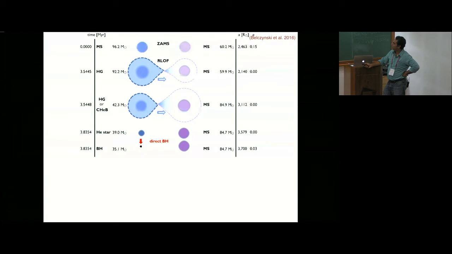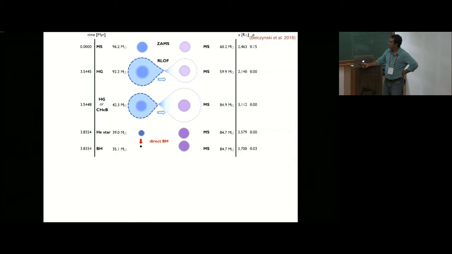Mostly ejected because see, the mass of the main sequence star didn't really change much. So anyway, now you have a helium star and a main sequence star, and there is a lot of mass loss. So you can take a look at the total mass on this line to that line. And if you lose mass, then the orbit expands, right? It's not as bound anymore. The orbit expanded.